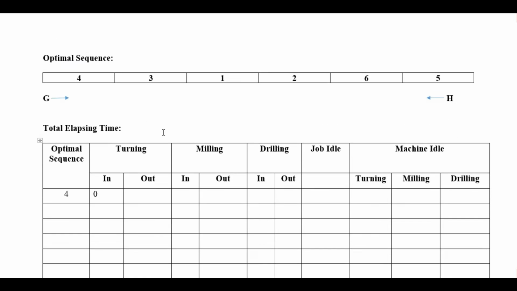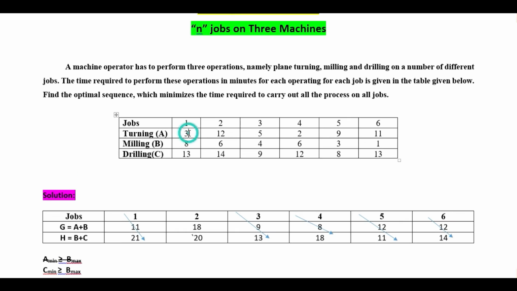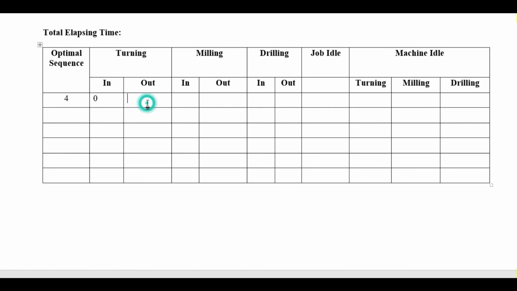The out time will be, from this table, for turning of fourth job, it takes 2 minutes. So processing time will be 2. The fourth job turning operation will be completed after 2 minutes.